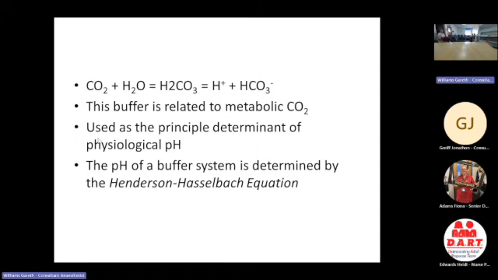So let's just have a quick thing. We talked about the buffer systems, and there are numerous within our physiology, but the carbonic acid system is the one we look at. And carbonic acid, H2CO3, dissociates into hydrogen ions and bicarbonate ions, and is also formed from the dissolved CO2.